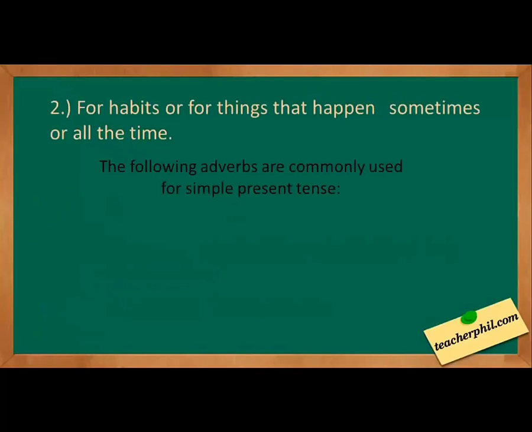Number 2, for habits or for things that happen sometimes or all the time. The following adverbs are commonly used for simple present tense: never, sometimes, usually, frequently, often, and always. Examples: I sometimes skip breakfast.